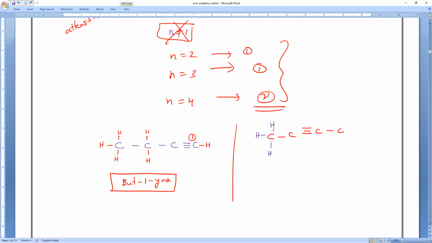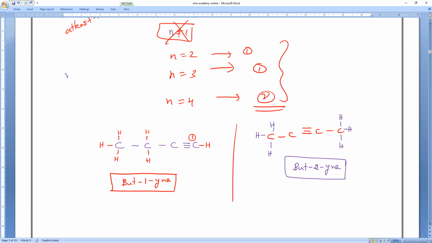Second carbon, is it balanced or not? Already balanced, no hydrogen. Third carbon also already balanced. Last carbon, number of hydrogens, 3. Understanding? So what is the name of this one? But-2-yne. But-2-yne. That's all it is.